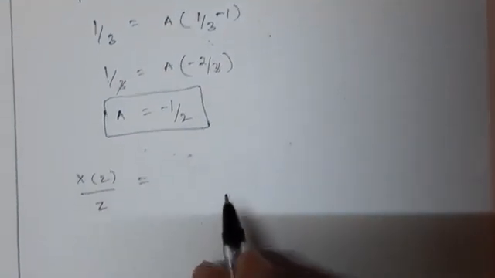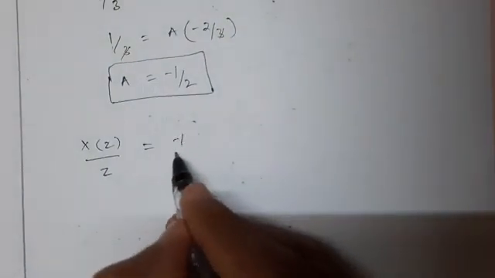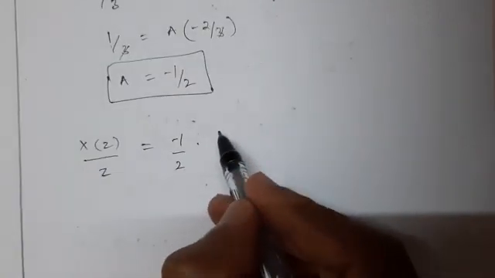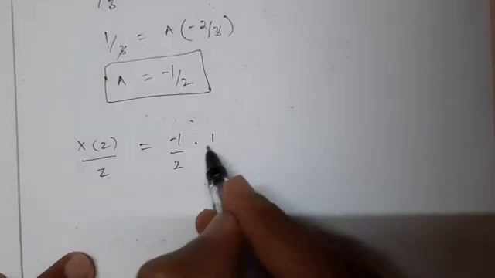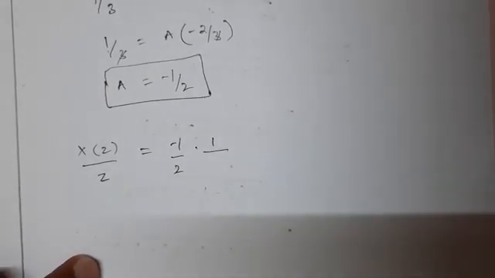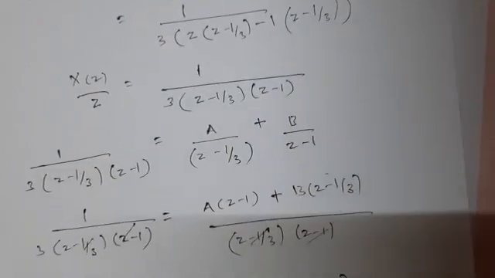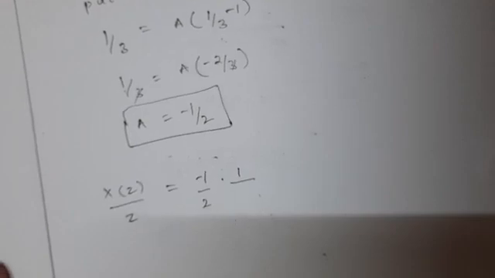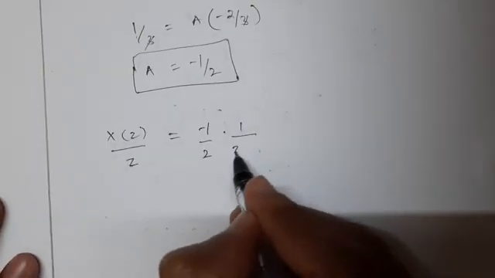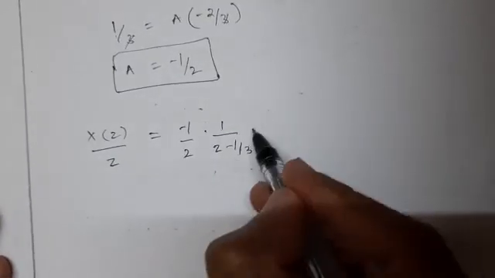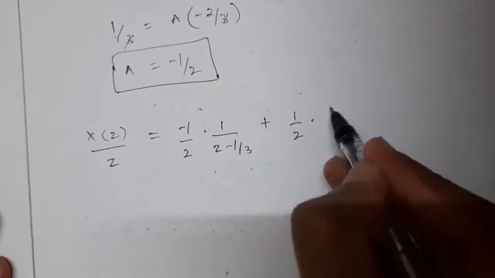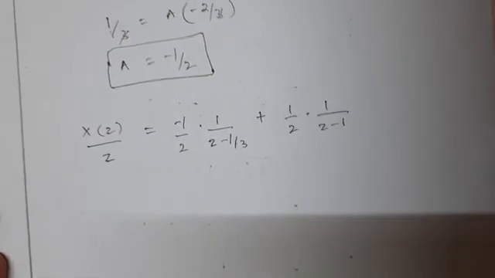So A equals minus half, 1 divided by (z - 1/3), plus B, which was half, 1 divided by (z - 1).